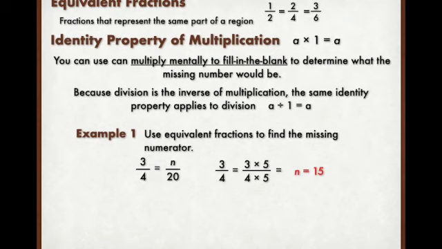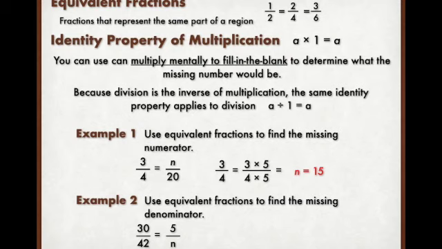We know 4 times 5 equals 20, right? So that's what I can do with the 3. I will have to do the same number that I'm multiplying the 4 by. So 3 times 5 equals 15. 4 times 5 equals 20. So that n will be 15.